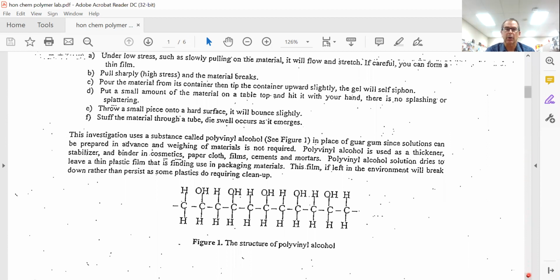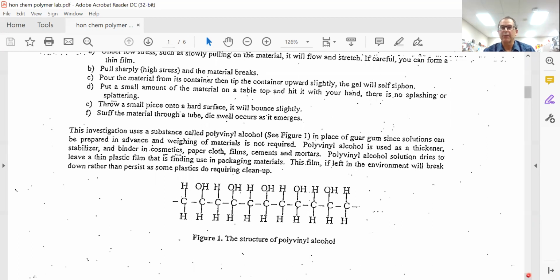Okay, I'm going to go on and talk about the structure of these things. That's what's asked about in question 3, but I'm going to give you a visual of this. So if you're looking at question 3, this is what we'll call a monomer of polyvinyl alcohol. Let's say yellow is hydrogen, black is carbon, and red is oxygen.